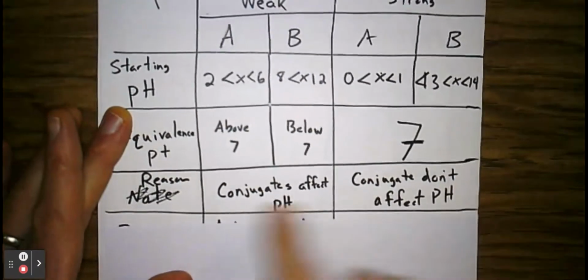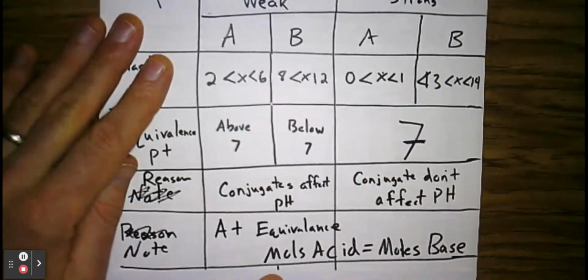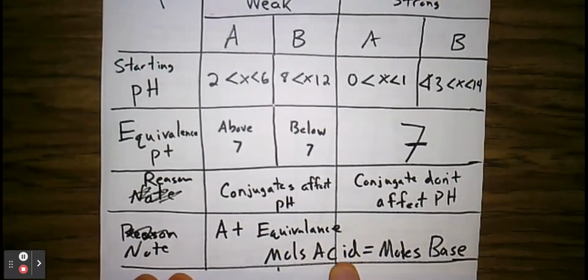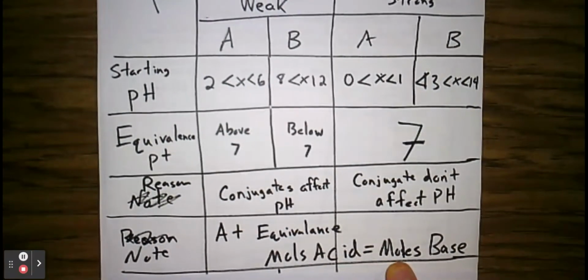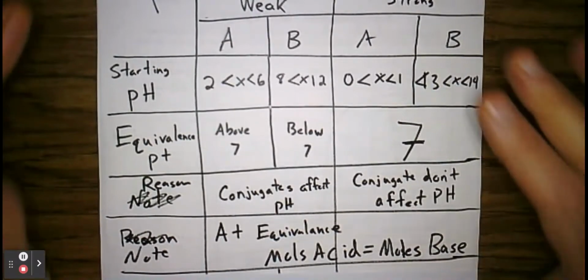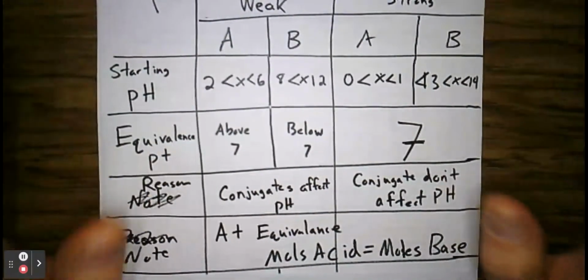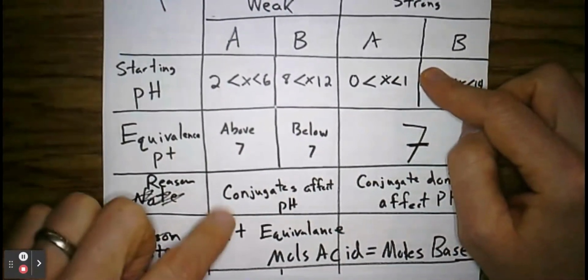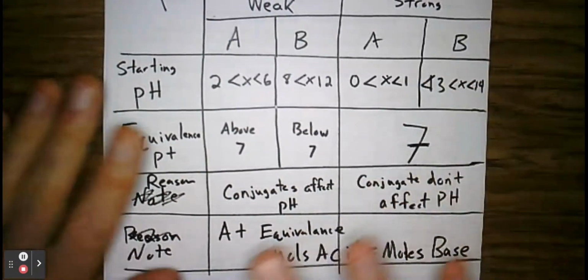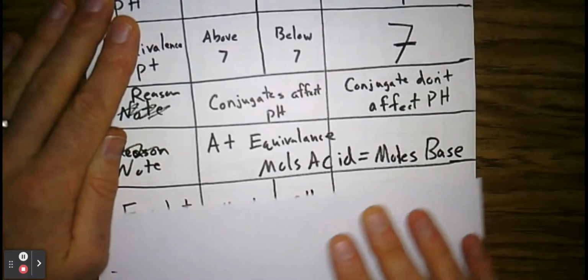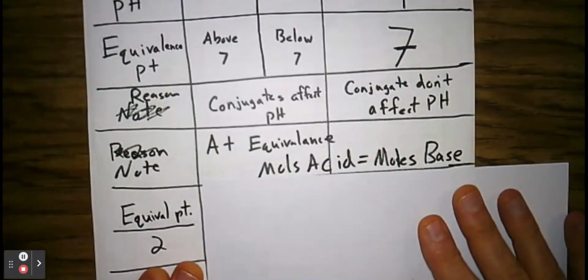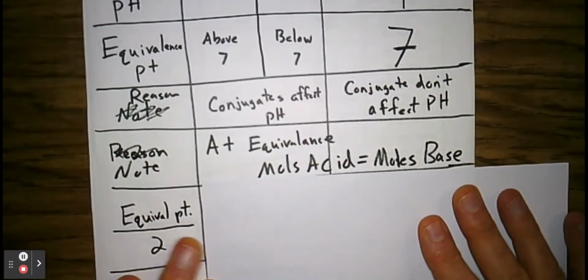All right. Now, one thing about the equivalence point that they all have in common is that your moles of acid, be it weak or strong, are going to be equal to your moles of base at this point. That means I've neutralized everything. It doesn't necessarily mean it's going to have a neutral pH because of these conjugates. However, that's the same for all of them. And now there's this thing called the half-equivalence point.